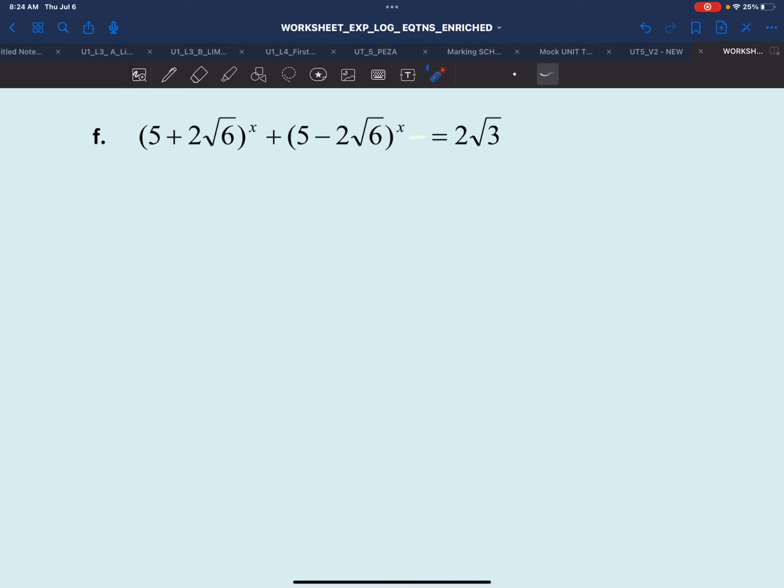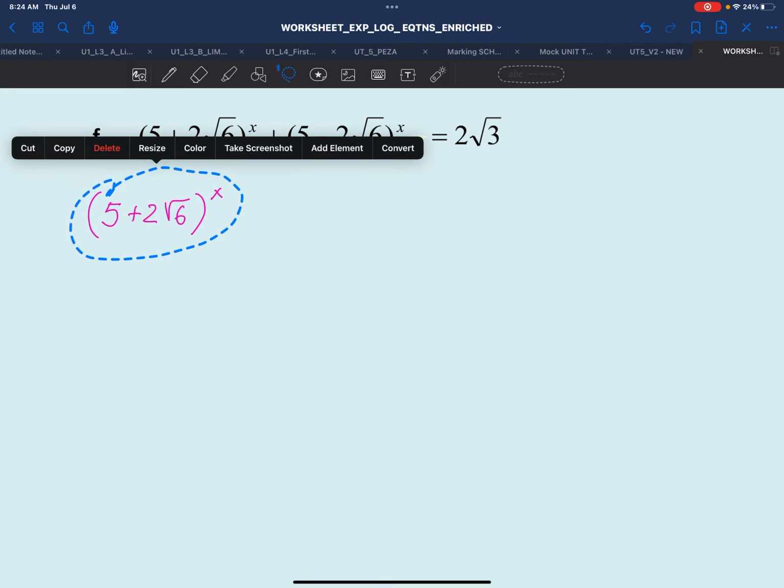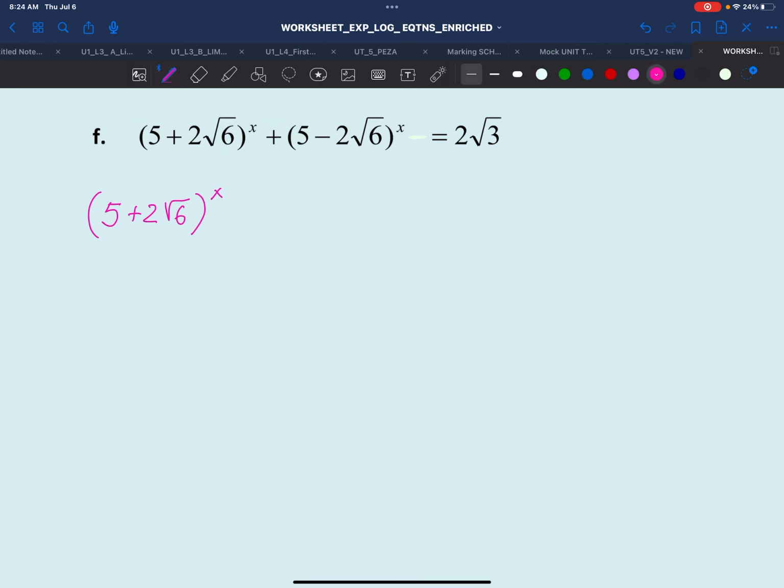So I thought, what if I multiplied every term in this equation by this very first term? Let's see what happens. I'm going to make that very first term pink: (5 plus 2 root 6) to the power of x. I will allow this term to multiply every term in this equation. I'm going to copy it so it's faster for you while watching.